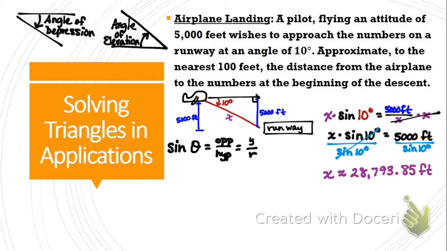Did they want us to round our answer? It says to the what? To the nearest 100 feet. So here's the hundreds place. It's 793. So if I wanted to round to the nearest 100, would I do 28,700 or 28,800? 28,800. So x is about 28,800 feet.